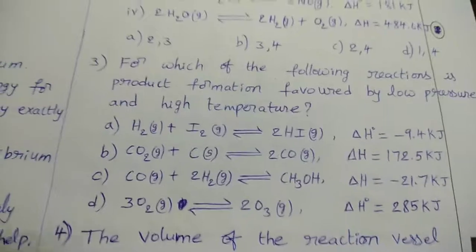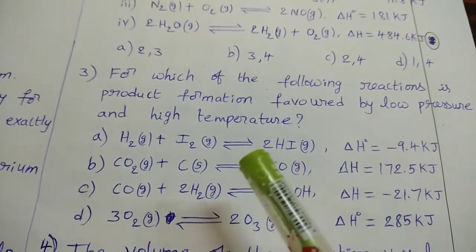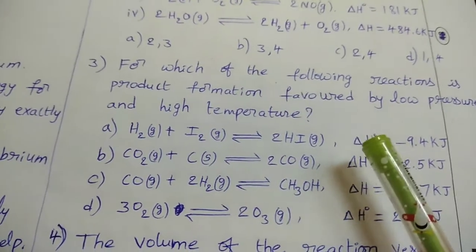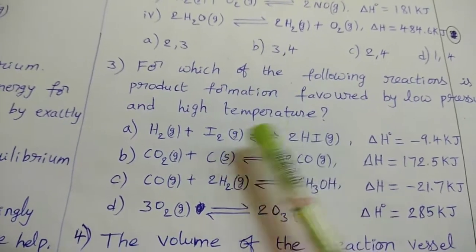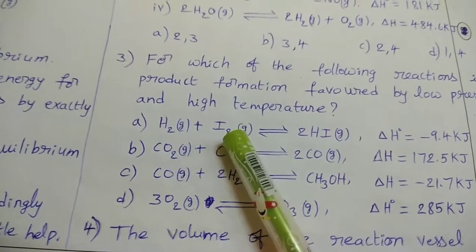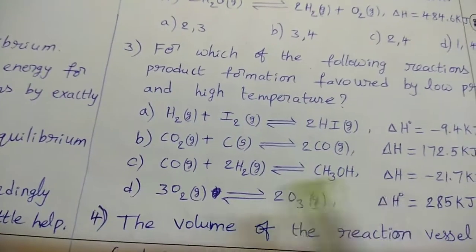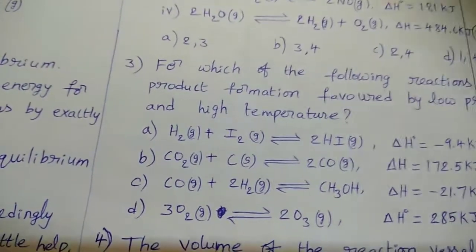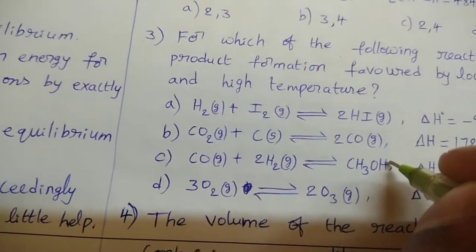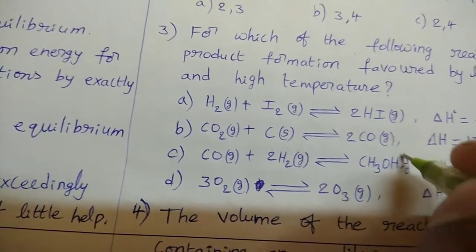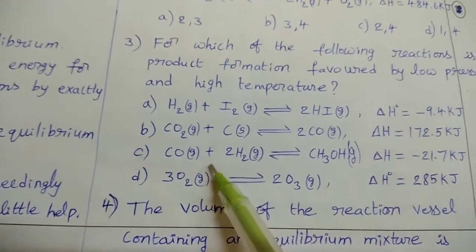Here also, we should find the product formation favorable conditions. Low pressure means equilibrium shifts towards more number of moles. In this one, the difference in number of moles is 0 because the number of moles is the same on both the reactant side and product side. Here, the number of moles on the product side is more. Here also, the number of moles is more for reactants.